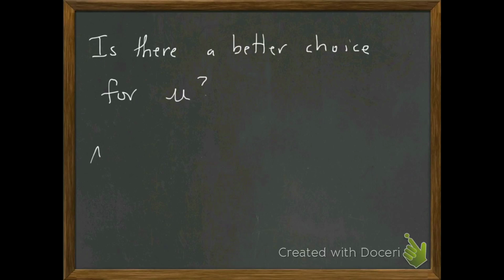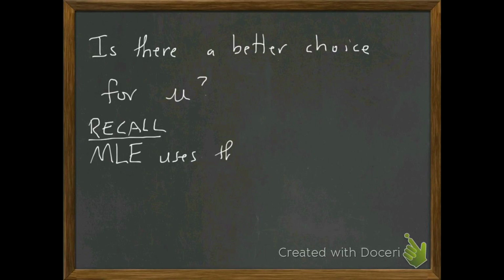Now, let's recall that maximum likelihood estimation uses either the mass or the density function. In this situation, since we're looking at the normal distribution, we're going to use the density of the probability density function at a particular y sub i.